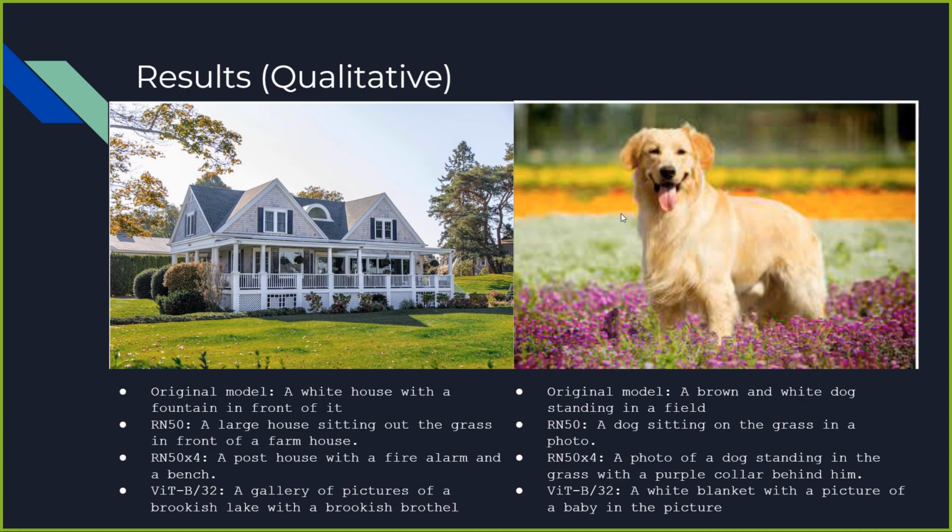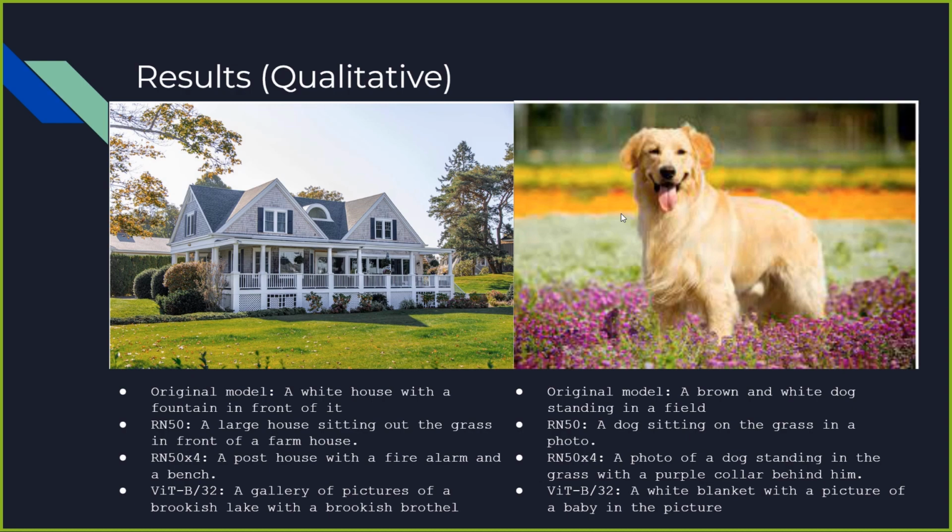For ResNet 50, the output was a large house sitting out in the grass in front of the farmhouse. And for ResNet 50x4, the output was a post house with a fire alarm and a bench. And for ViT-B32, the output was a gallery of pictures in a brookish lake with a brookish brothel.